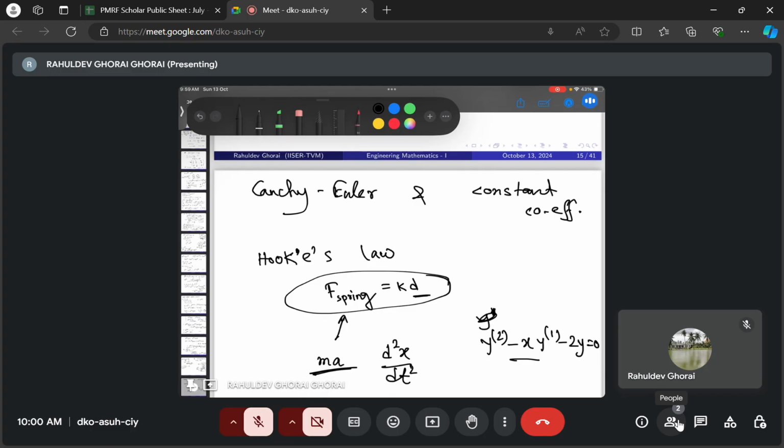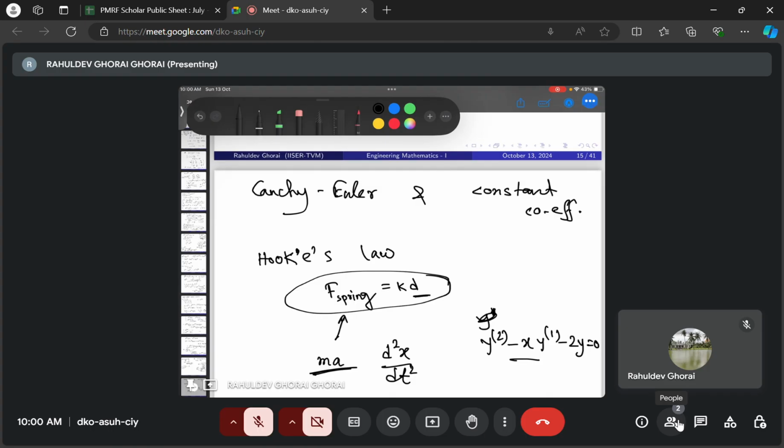With this I will end the first part of the lecture, where we discussed a little bit about differential equations. In this part we discussed how for constant coefficients we can write c1 times e to the ax plus c2 times e to the bx, when there are two distinct real roots.